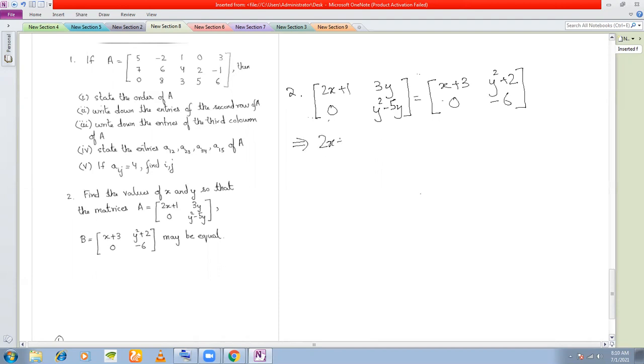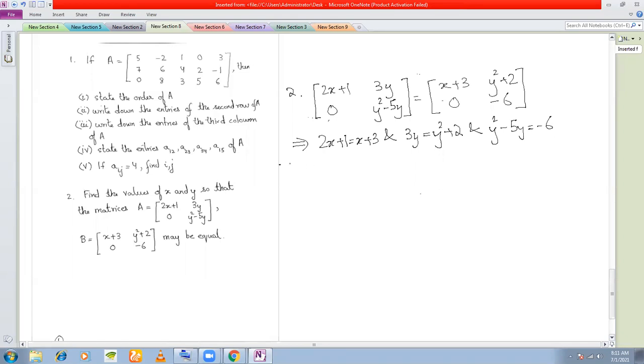That means 2x plus 1 is equal to x plus 3 and 3y must be equal to y square plus 2, right? And 0 is equal to 0, there's no need to write that. And y square minus 5y must be equal to minus 6. So all of these three conditions must be satisfied simultaneously.